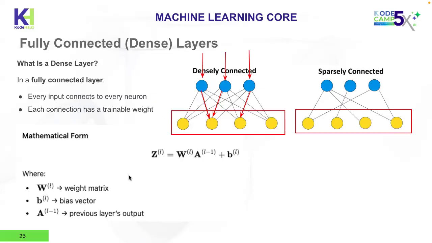Okay. So the mathematical form of a densely connected layer is basically the same thing we did. The weight of this layer times the activations of the previous layer. So remember, A is the activation of a previous layer, which is the input of the current layer. I'm repeating that so that it is clear.